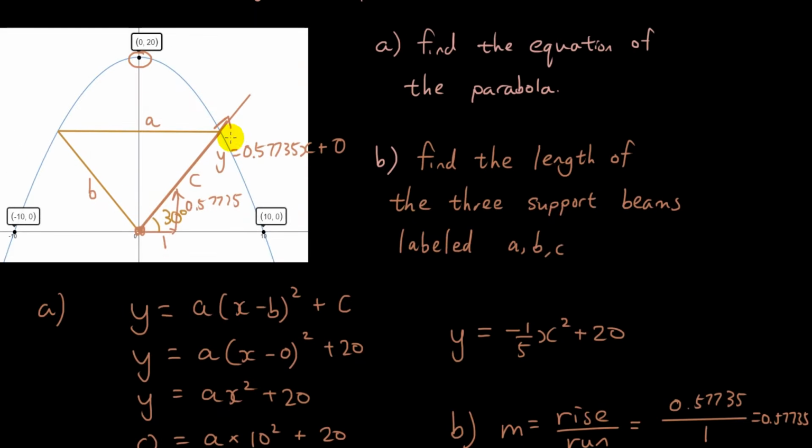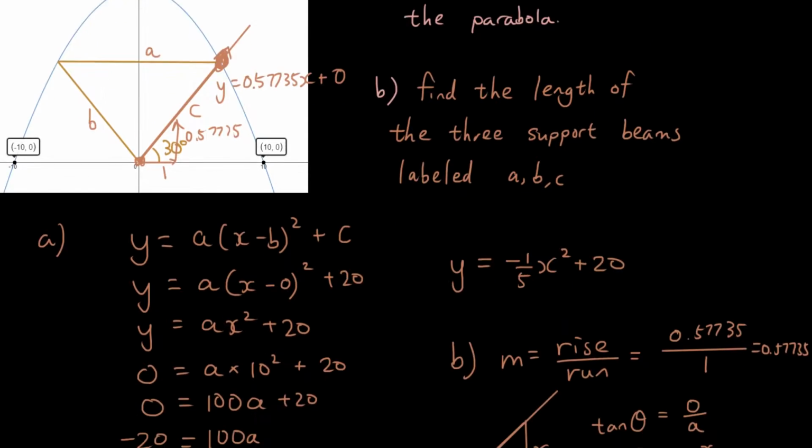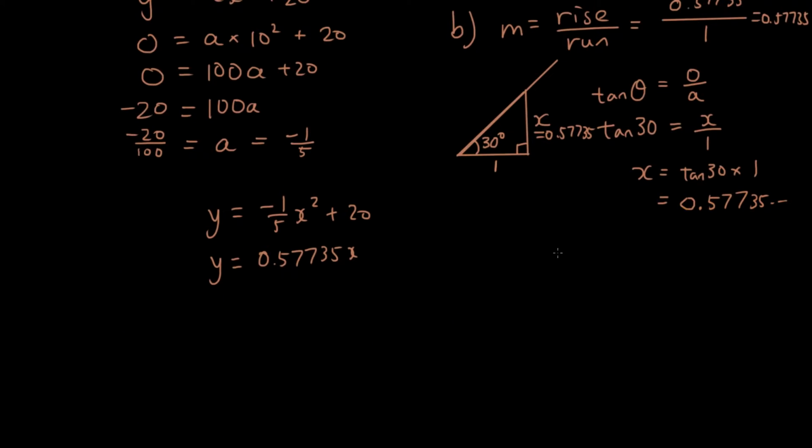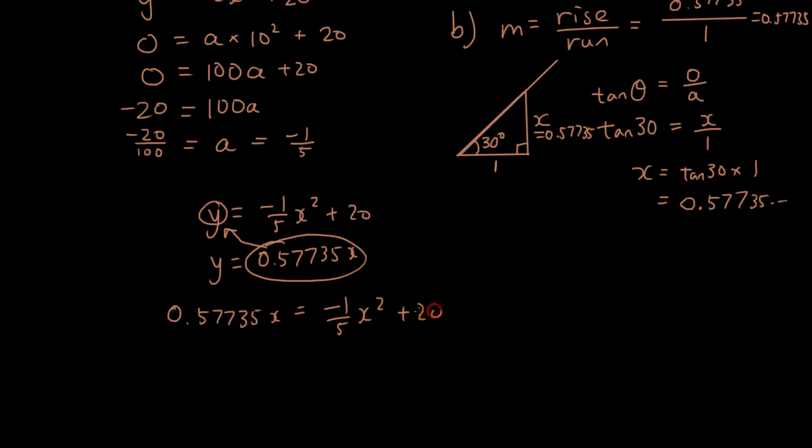We can work out where this point is, where the two lines intersect. So if we want to work that out, I'm going to substitute this where y is in this equation. So I have 0.57735x equals negative 1 over 5x squared plus 20.